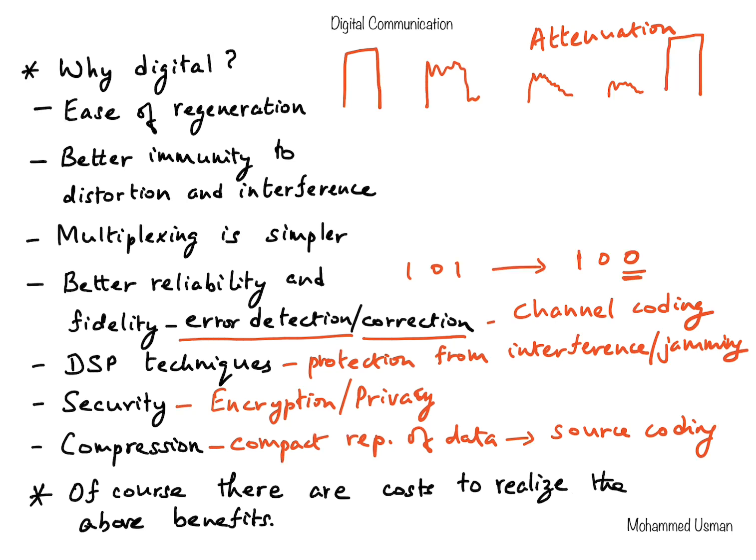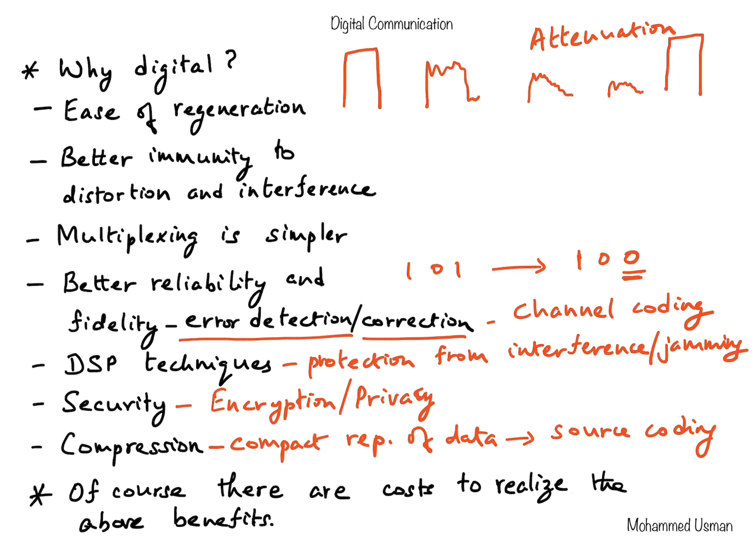Similarly, an audio file could be converted to an MP3 file, which would have a much smaller size compared to an uncompressed .wav file, right? So compression means a compact representation of the data. So that means it requires less memory to store that information, and also it requires fewer bits to be transmitted when we want to communicate that information.